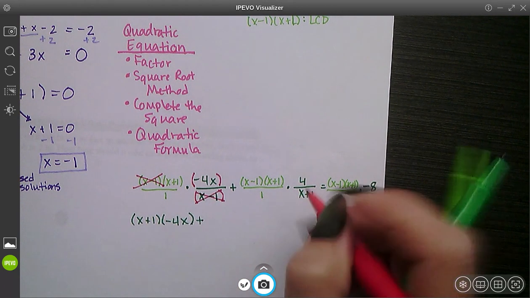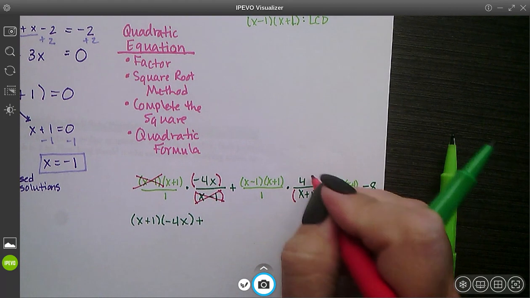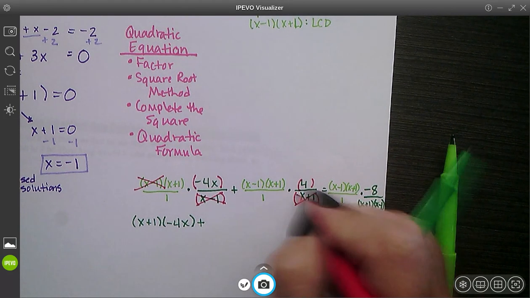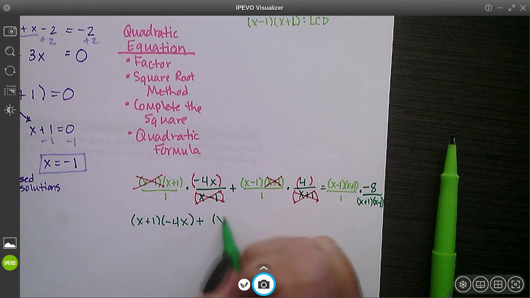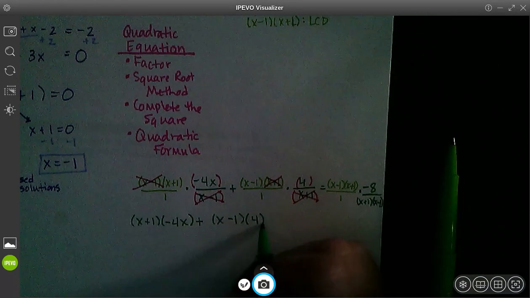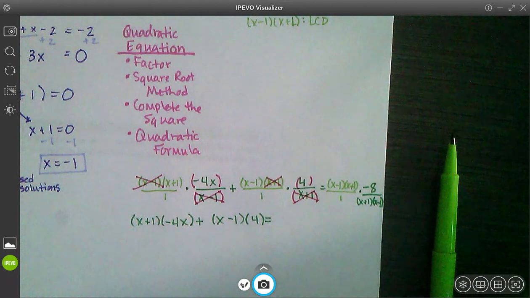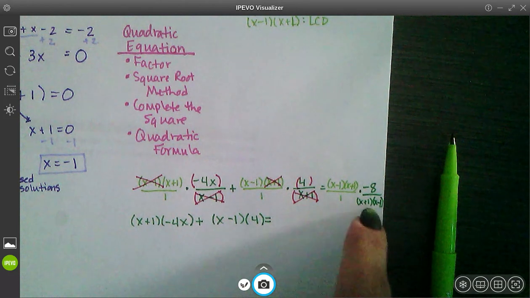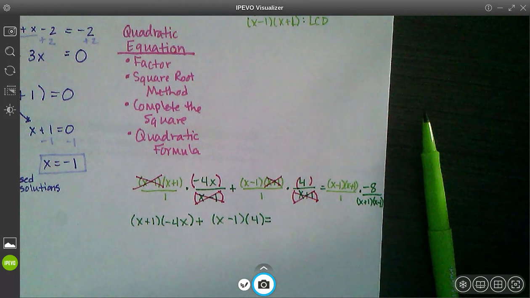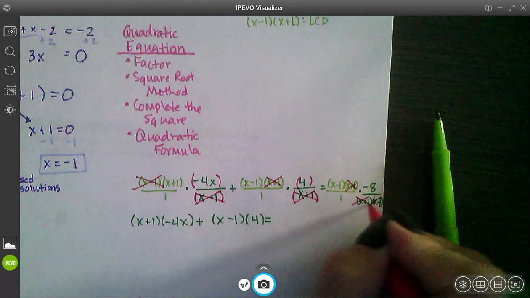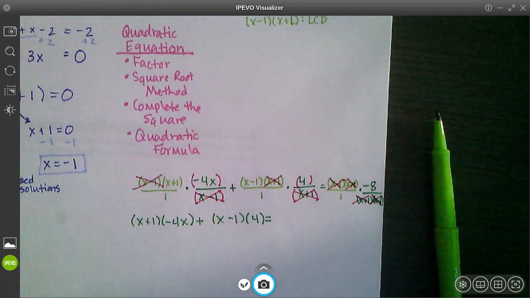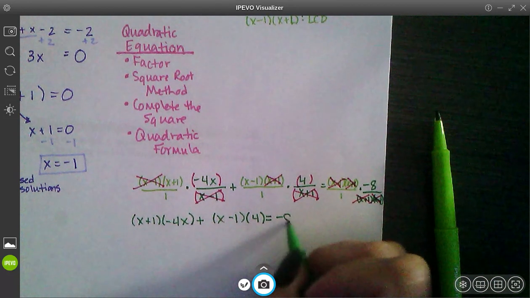In that second chunk, I can cross off x plus 1 and x plus 1. So I'm left with x minus 1 times 4. And then on the right side, I can cross off x plus 1 and x minus 1. So I'm left with equals negative 8.